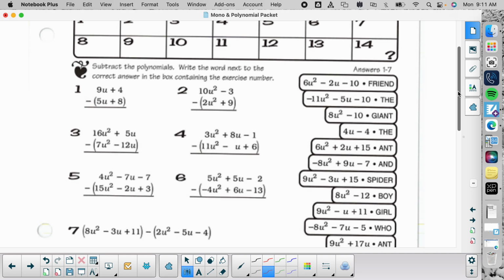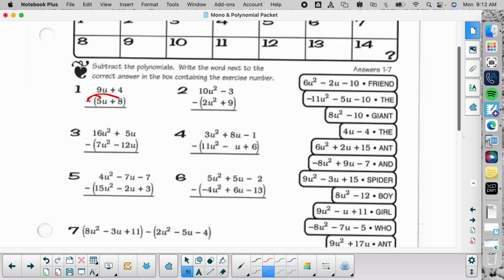I wanted to do one of these with you, just because, the way it's written, distributing with the minus sign feels kind of different. So you do the same thing, where you distribute out the sign. I don't know if you want to write it next to the problem or not.